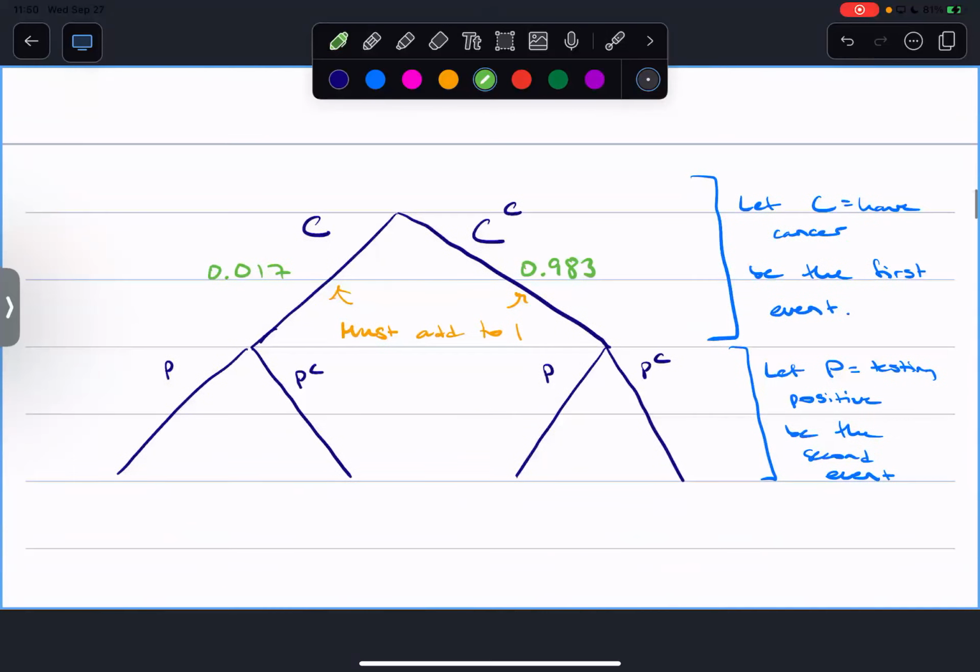Oh, let me write that so you can see it. That helps.